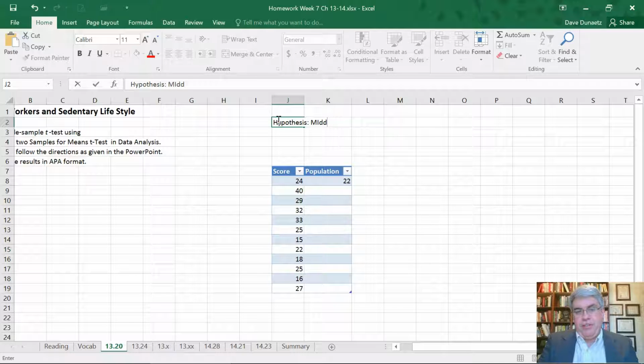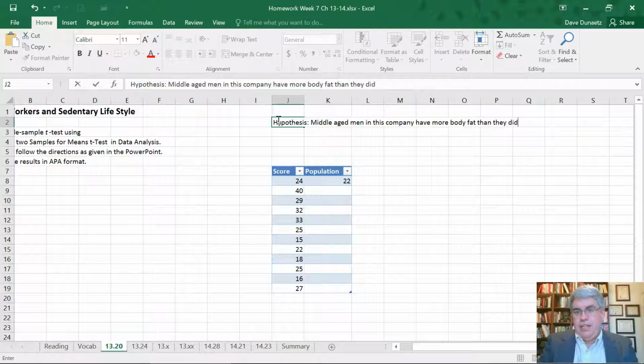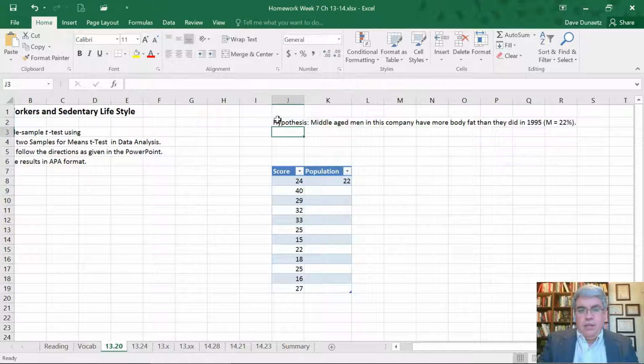So the hypothesis was that middle-aged men in this company have more body fat than they did in 1995. And that's going to be a mean of 22%.